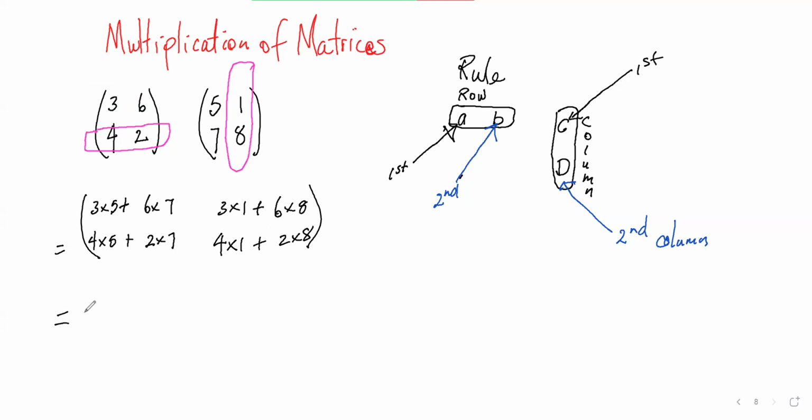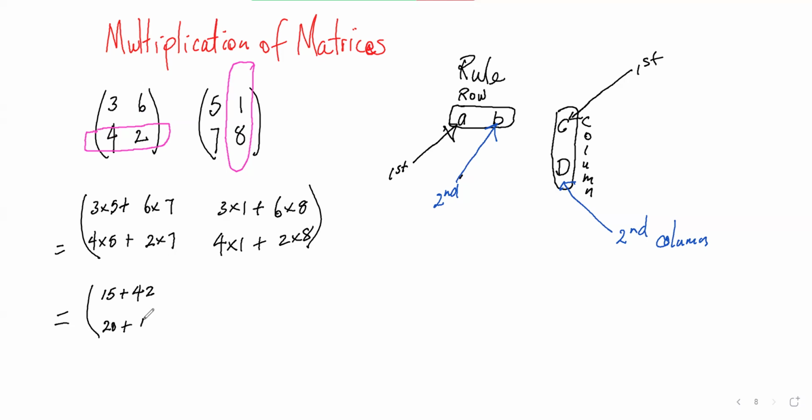We did our multiplication. Usually students don't write all that, but it's the first time. 5 times 3, 15. 6 times 7, 42. 4 times 5, 20.